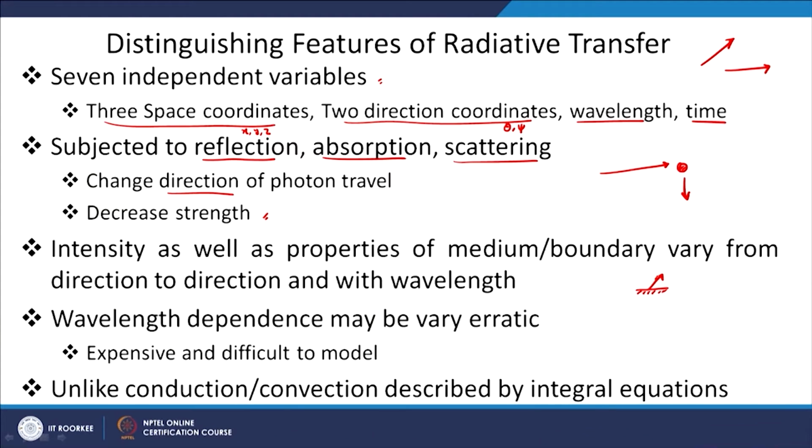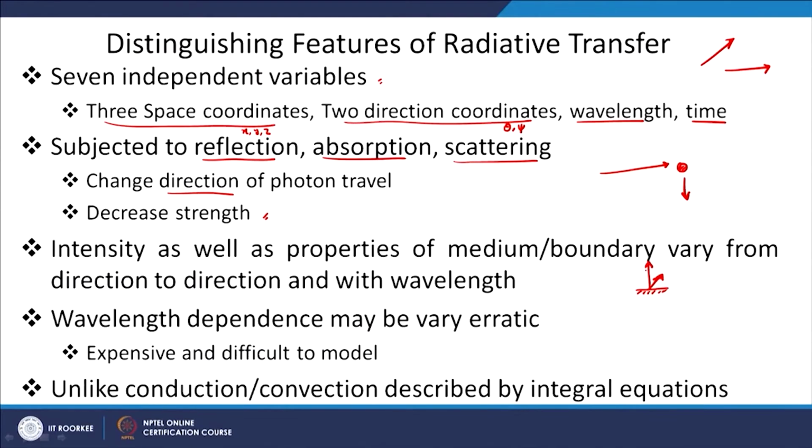This surface will emit different radiation in the red region of the spectrum, and it will emit different intensity in infrared. So, the amount of energy emitted by this surface will be different for different wavelengths, and it will be different for different angles also. The amount of radiation emitted at this angle may be different from that at this angle, and different again at this angle. So, this directional and wavelength dependence makes the problem very difficult.